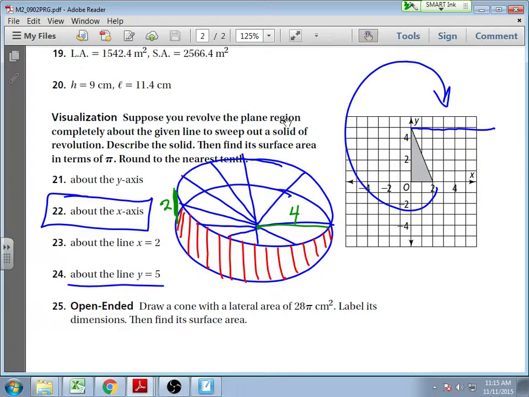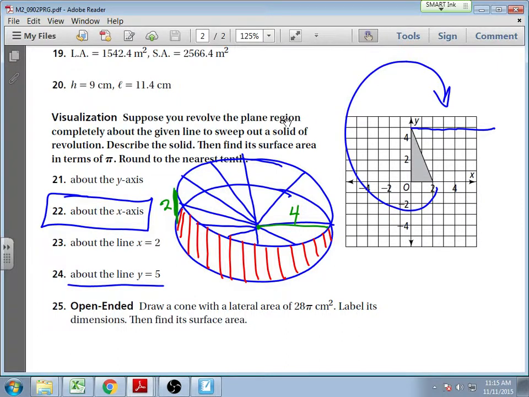Oh, sorry, my brain has already shifted to volume. So we have one base, we have the outer edge, and then we have this portion, which is very hard to think about. I'm just going to get out the sheet.